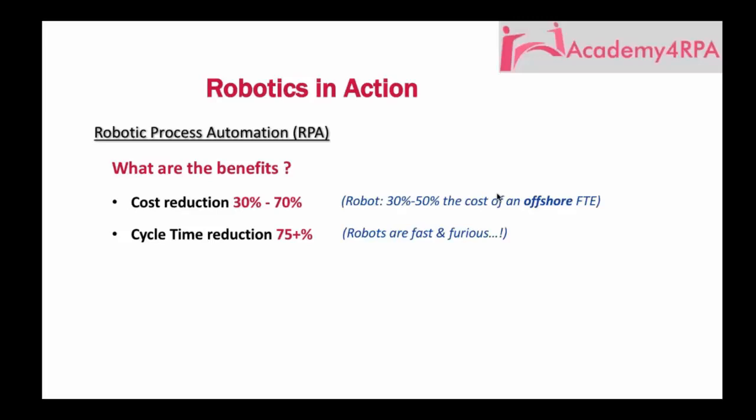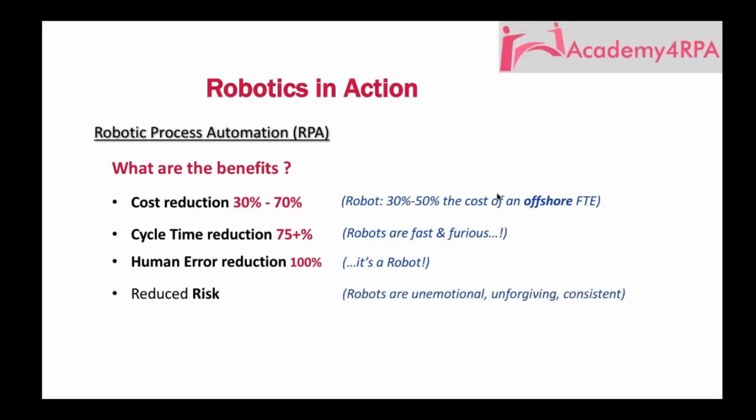Let's move to other benefits. It's human error reduction, which is 100%. Obviously, it's a robot. Humans have a tendency to commit errors, but a robot cannot. Reduced risk, because robots are unemotional, unforgiving, and consistent.